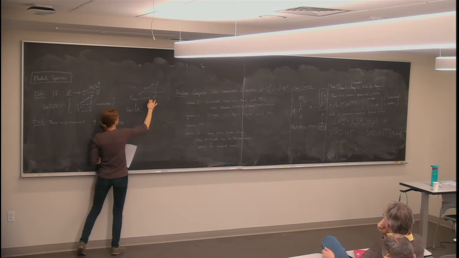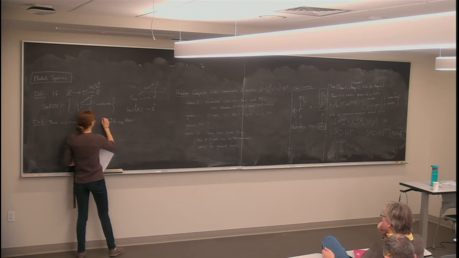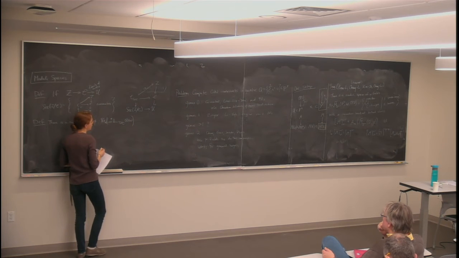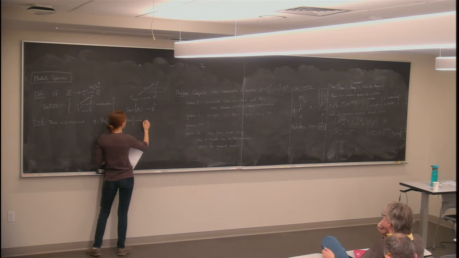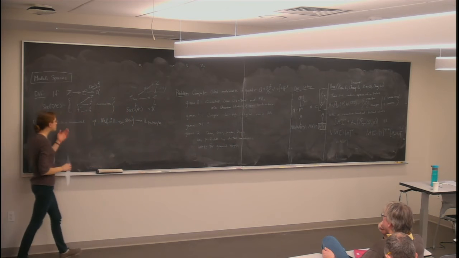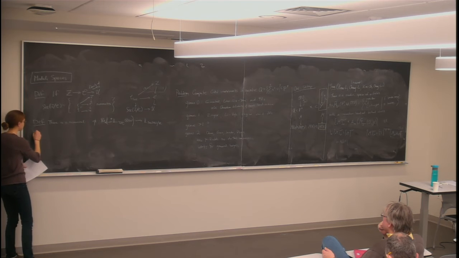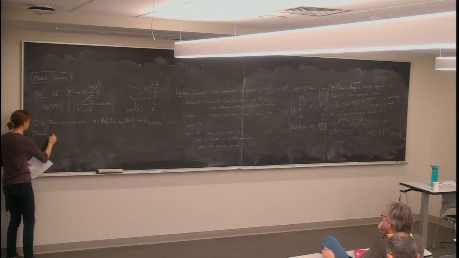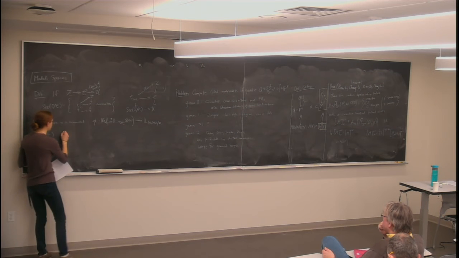And that has a map to this cotangent complex. Tensor with omega, and push down, and then there's a trace map to this cotangent complex. So there's this very canonical construction, and it's an obstruction theory.